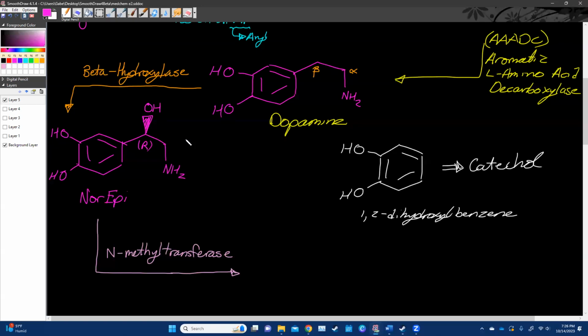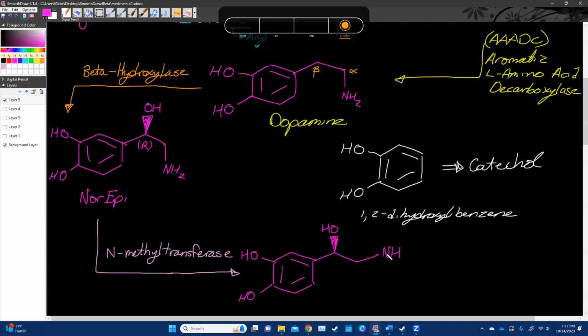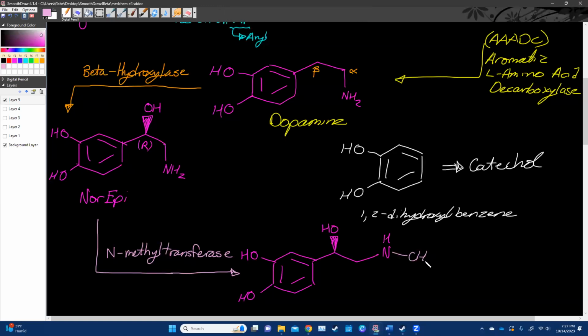And essentially, all that's going to happen here is that our norepinephrine structure is going to stay exactly the same. All I'm going to do is just rotate up this amine into the position that it's normally written at, which is, instead of being written downwards, it's written upwards. But the positioning is still the same. And now you have this methyl group that's added on, and you have epinephrine.